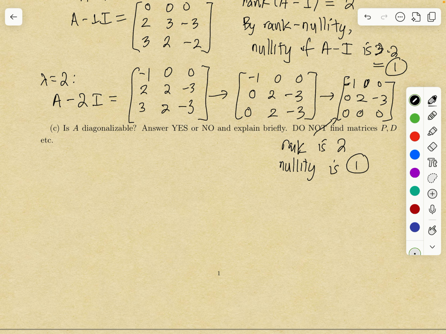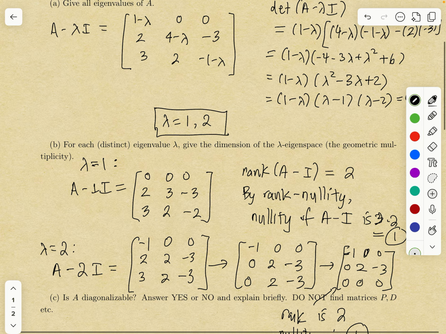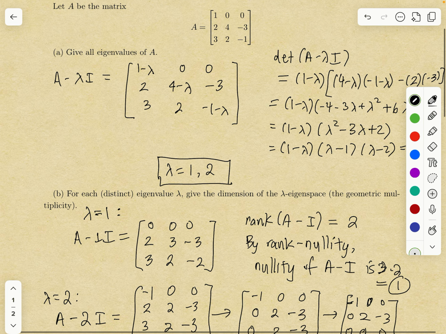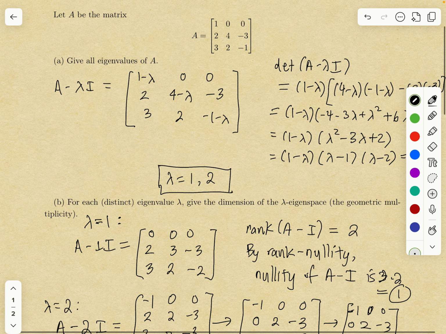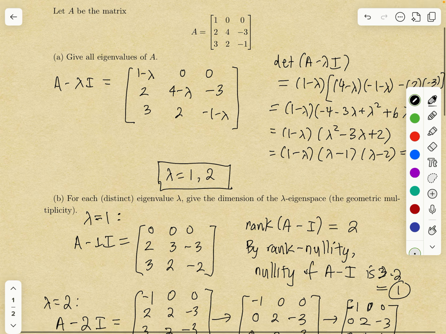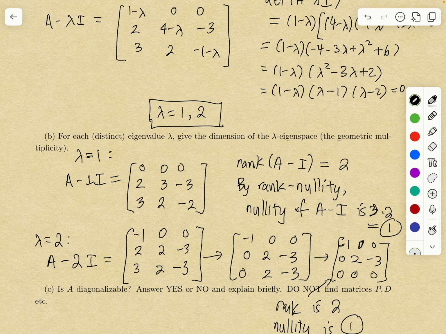Part C says, is A diagonalizable? Answer yes or no and explain briefly. Well, in order for A to be diagonalizable, the algebraic multiplicity has to match the geometric multiplicity. In this case, the geometric multiplicities are 1 and 1, but if you look back at the characteristic polynomial, the algebraic multiplicity of 1 is 2 because I have a 1 minus lambda squared, right?